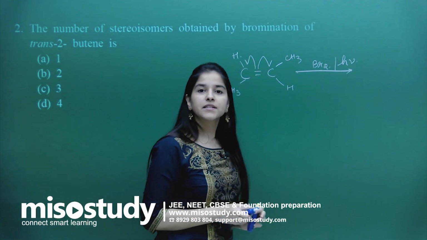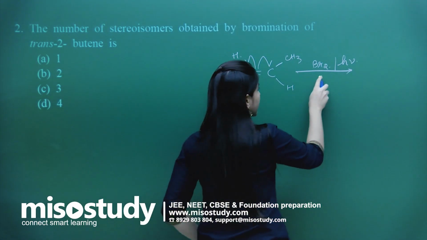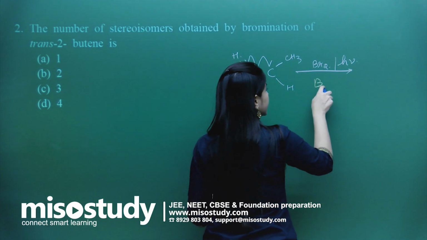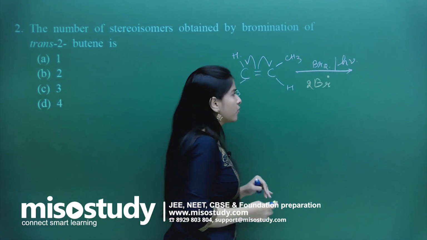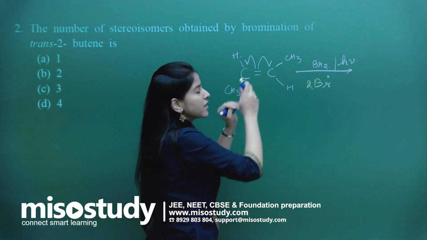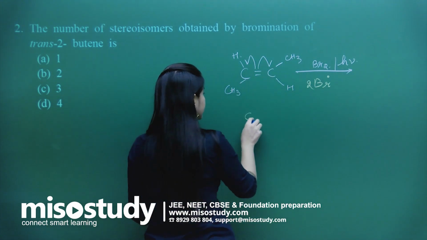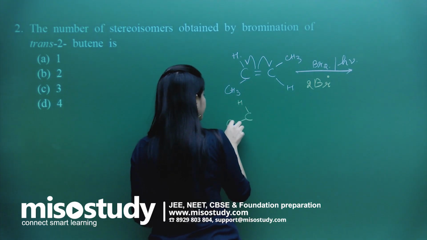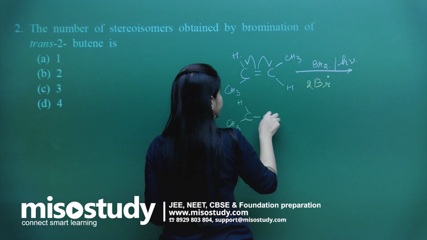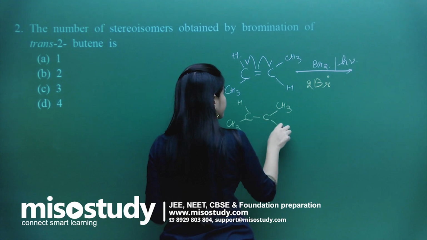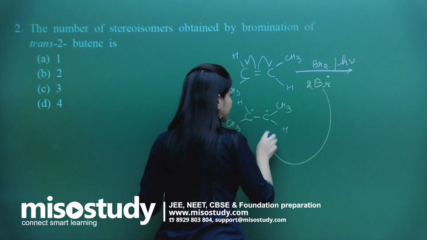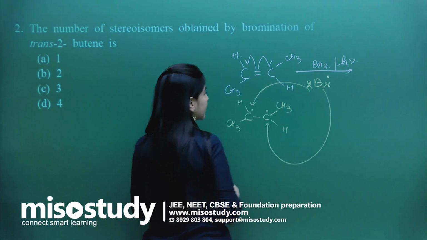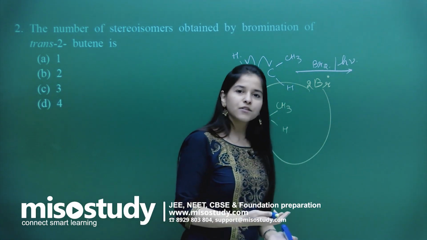If I try to consider the free radical mechanism, what do we get? Twice of Br free radical we get, that is all we know. And over here as well we get 2 free radicals, something like this. So that is how we are getting the radicals. Either the bromine gets attached here or the bromine gets attached here. So these are the only possibilities.